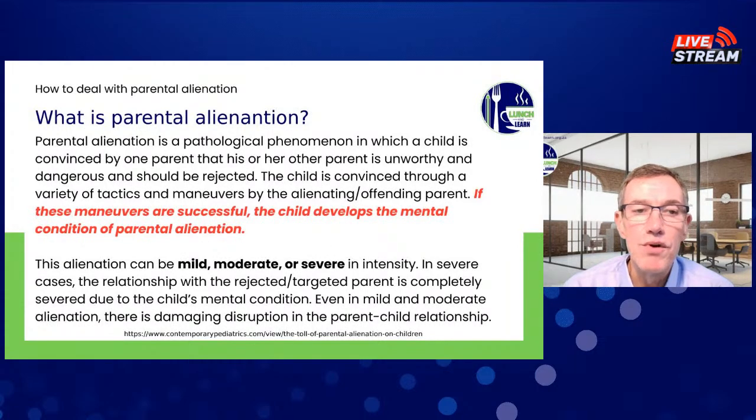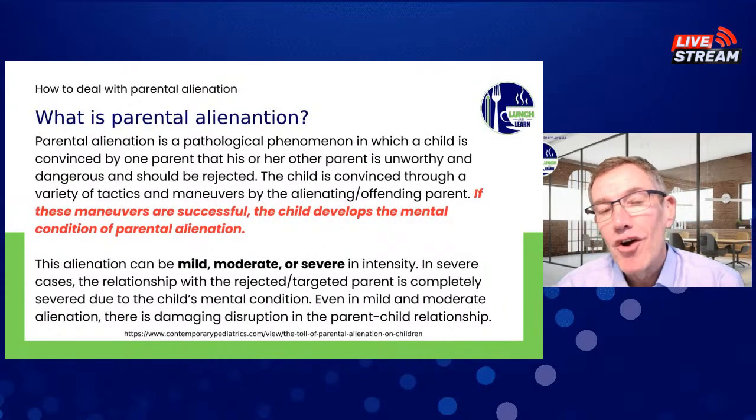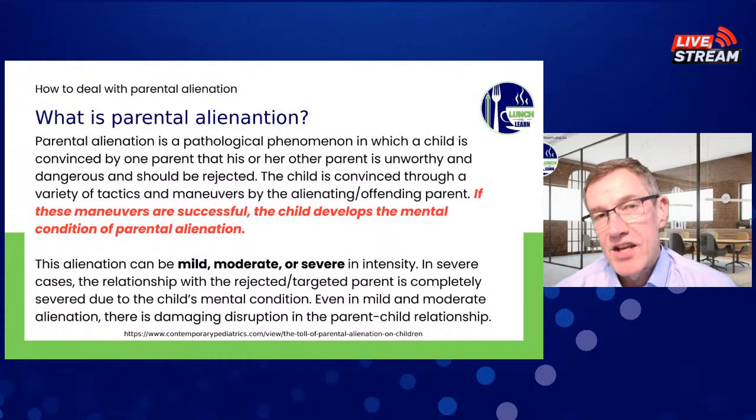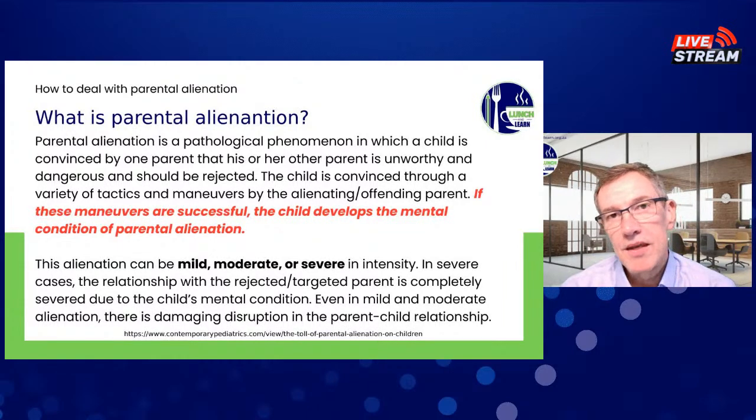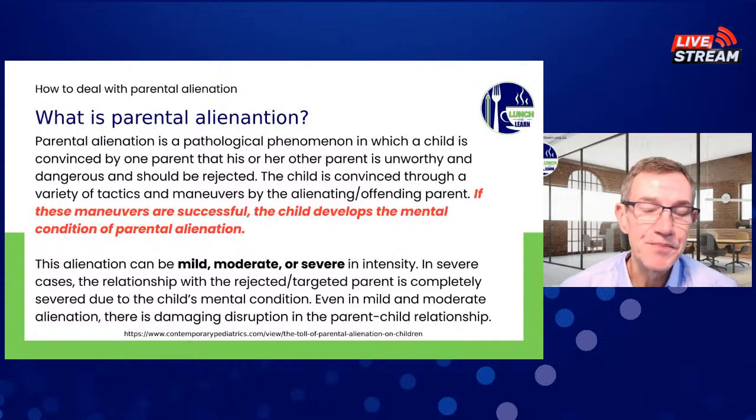Now, if these maneuvers are successful, then the child develops the mental condition of parental alienation. And that could be defined in psychological terms as a form of dis-ease or a discord when it comes to the caregiver and the parent and the child relationship.